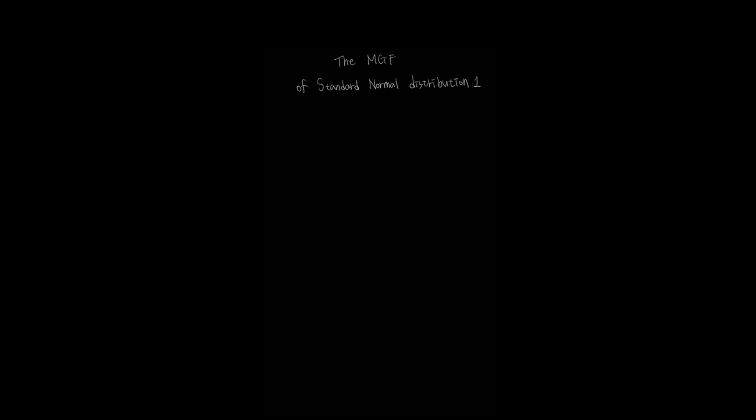In this video, we're going to keep proving the MGF of the standard normal distribution. So let's get started. What we're going to do is get the MGF of x, which follows a normal distribution with the mean of mu and standard deviation of sigma, like this.